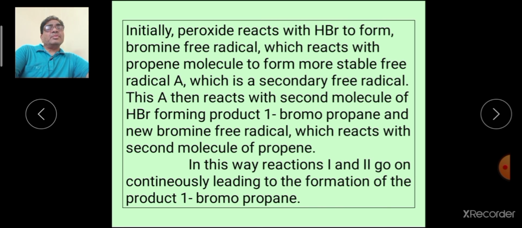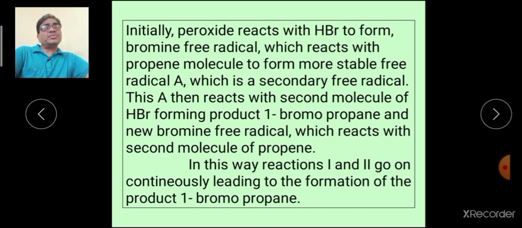Initially, peroxide reacts with hydrogen bromide to form a bromine free radical, which reacts with the propene molecule to form the more stable free radical A, which is a secondary free radical. This A then reacts with a second molecule of hydrogen bromide, forming the product 1-bromopropane, and a new bromine free radical is formed which reacts with the second molecule of propene.